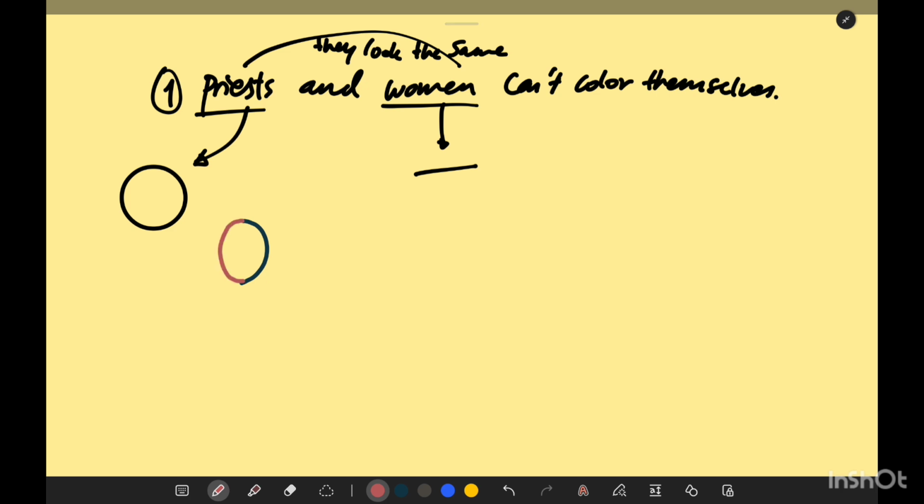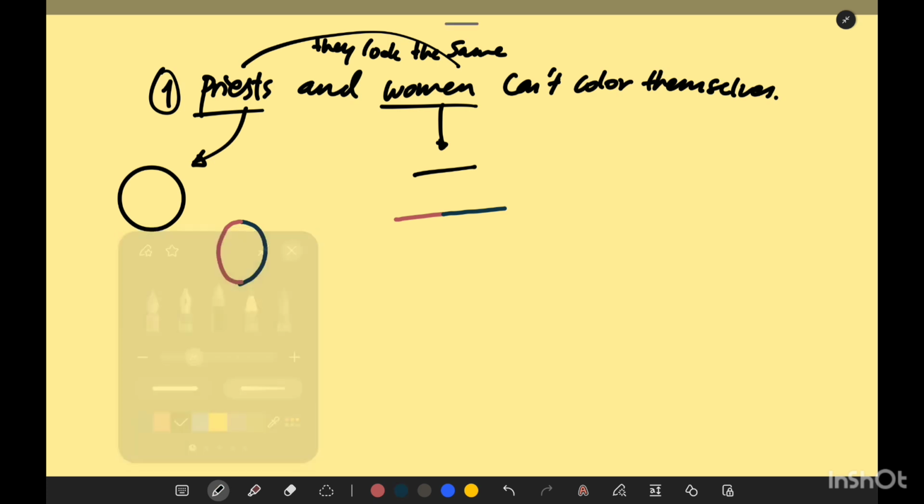Yeah, a circle would look like this, and a woman would look like this, right? And if you were a Flatlander seeing a priest from this side, and a woman from this side, you would basically see the same thing.